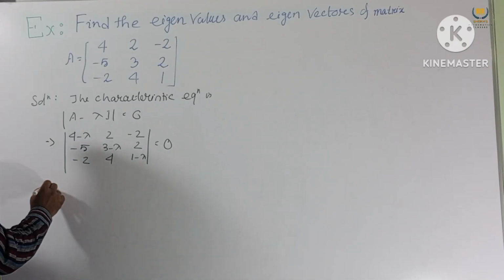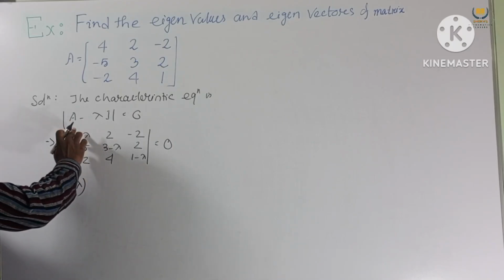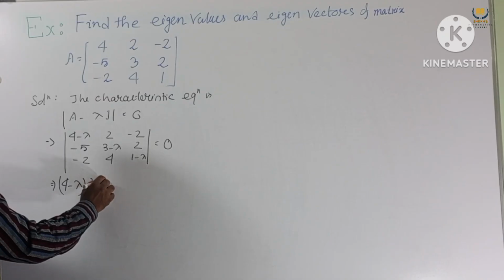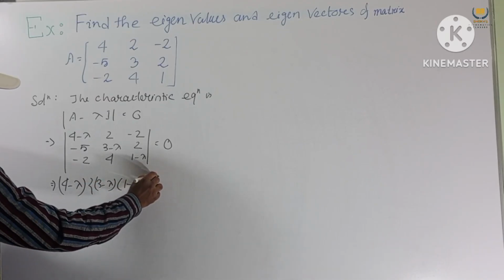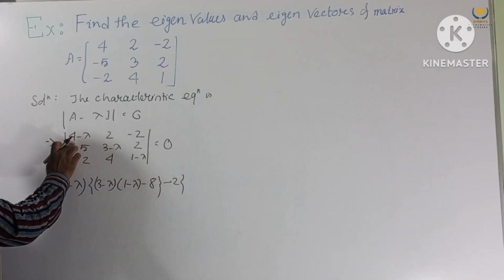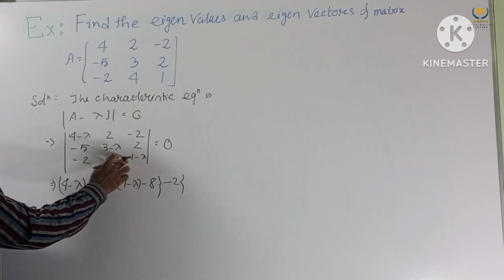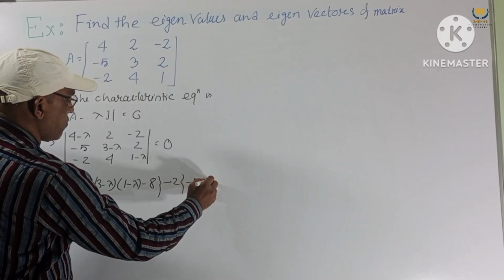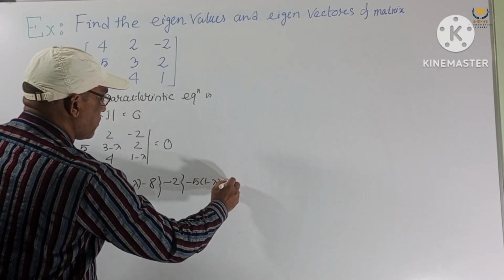Now we expand this: 4 minus lambda times (3 minus lambda)(1 minus lambda) minus 8, minus 2 times the next minor, minus 5 into 1 minus lambda and this into this 4.